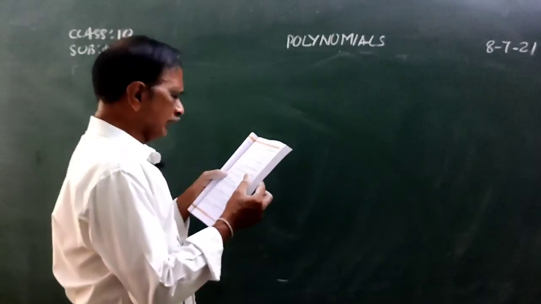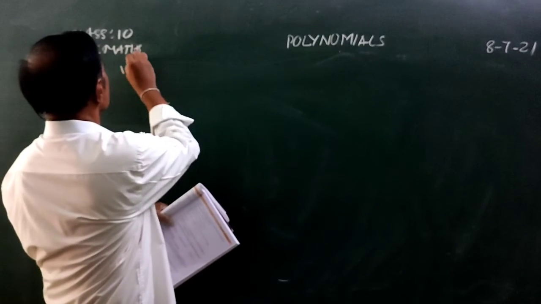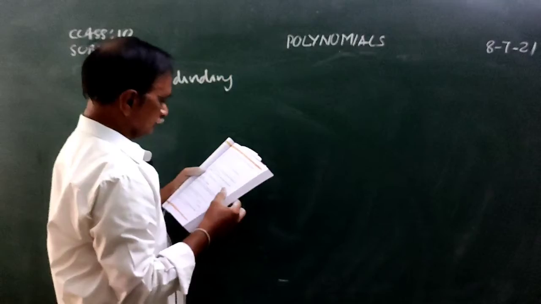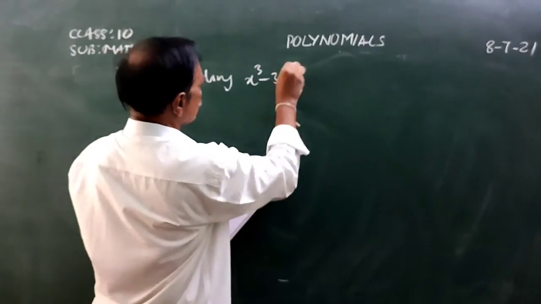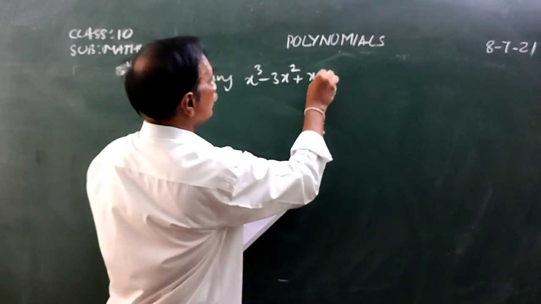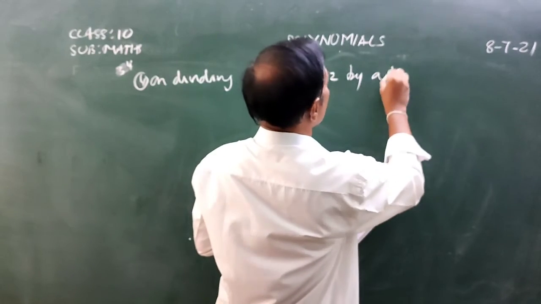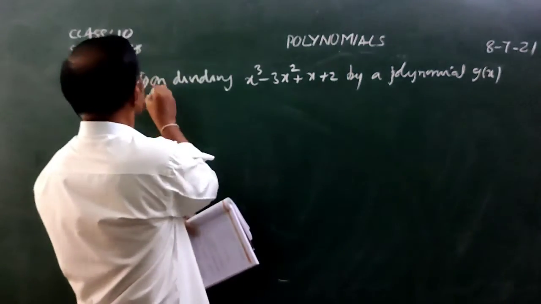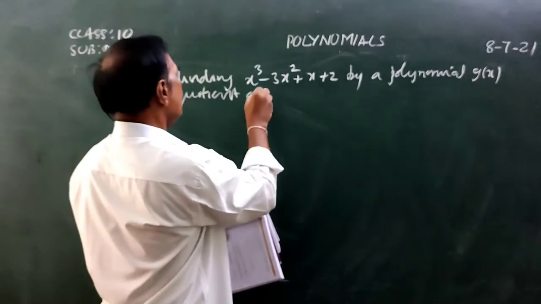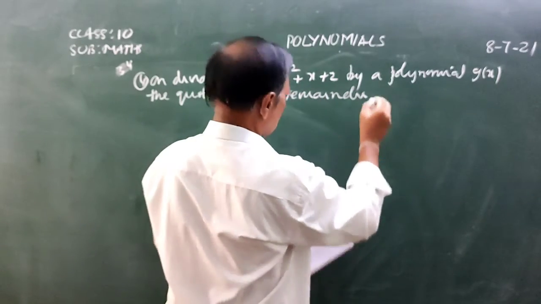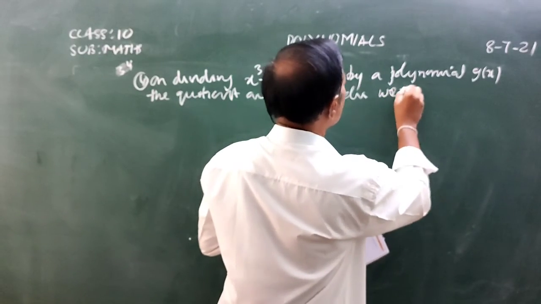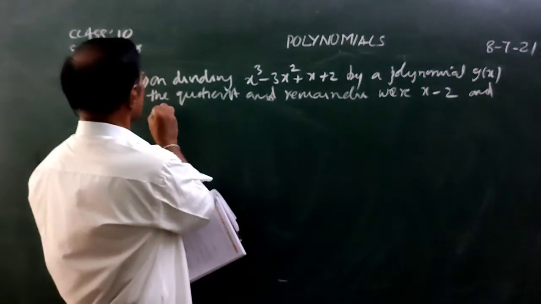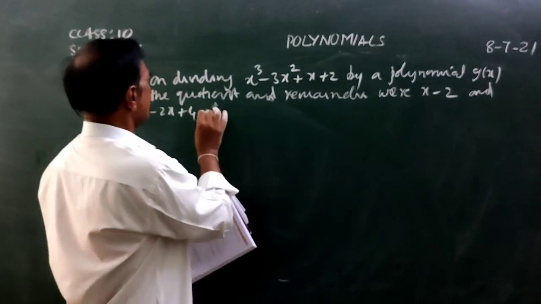Fourth one, 3.4 problem 4: on dividing x³ − 3x² + x + 2 by a polynomial g(x), the quotient and remainder were x − 2 and −2x + 4 respectively.